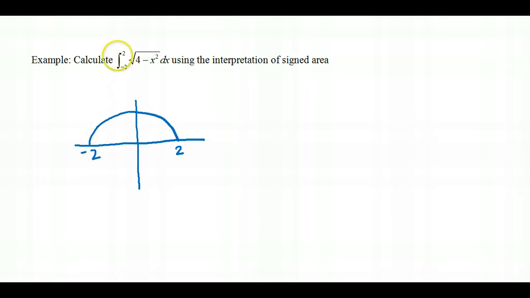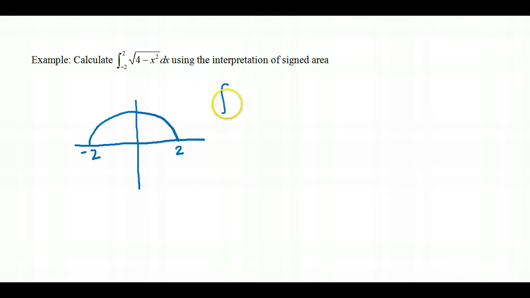But let's take a closer look at the limits of integration. This is a symmetric interval. I go from negative 2 to 2. And the square root of 4 minus x squared is a semicircle, and if I fold it over the y-axis, it's going to land on top of itself, so that makes this an even function.